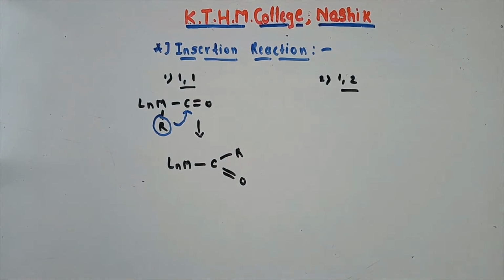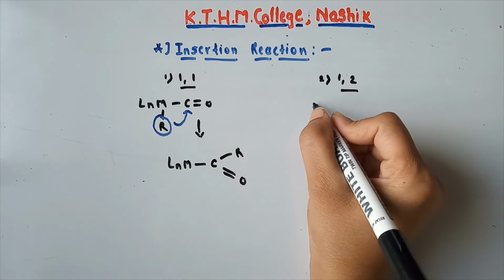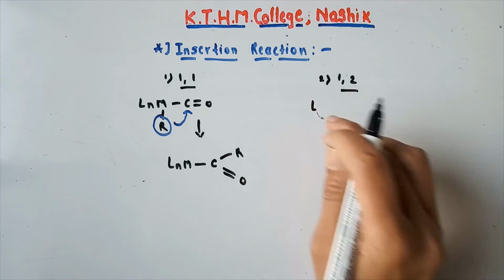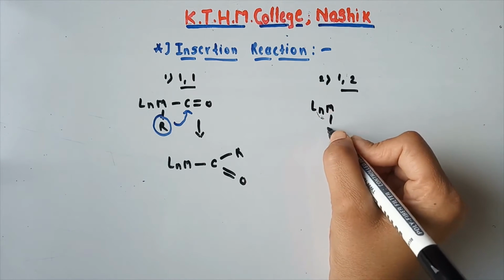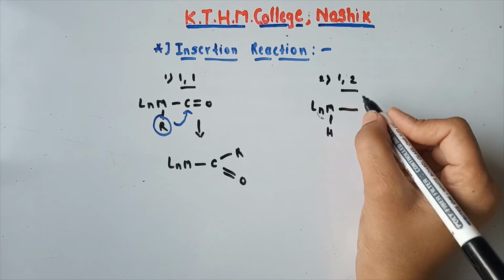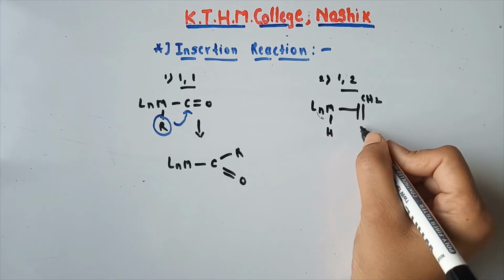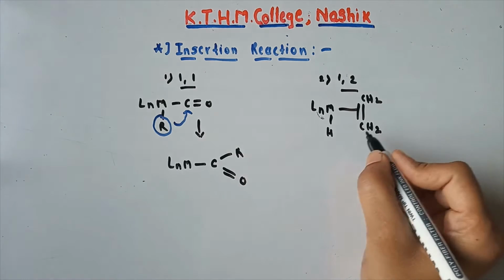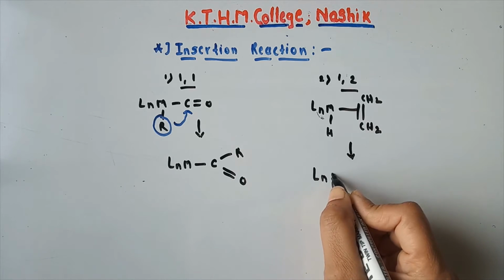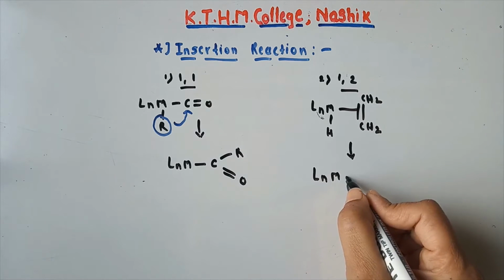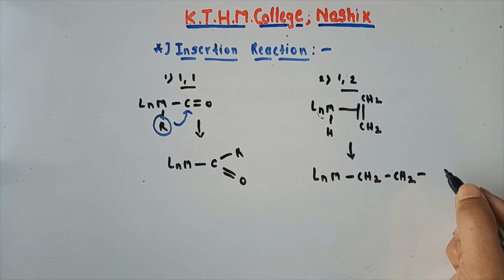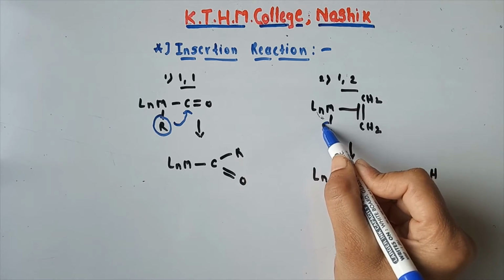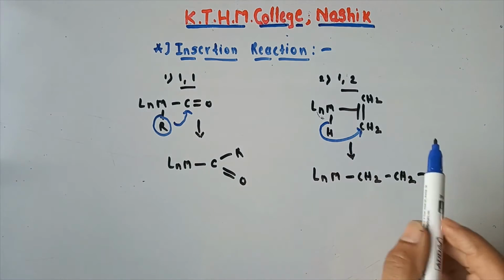While in case of 1,2 insertion, LnM-H plus CH2=CH2 gives LnM-CH2CH2-H.